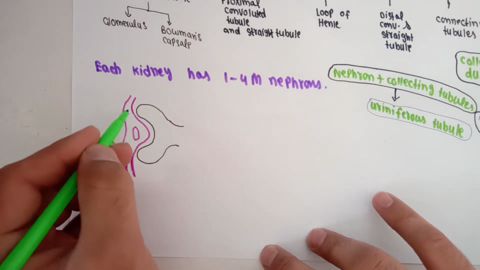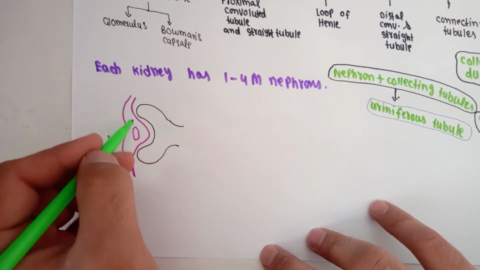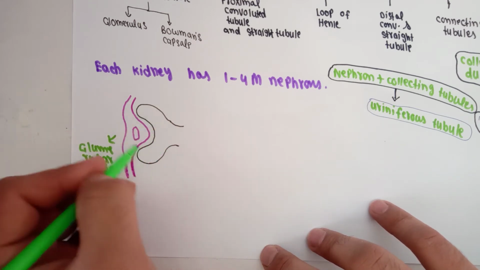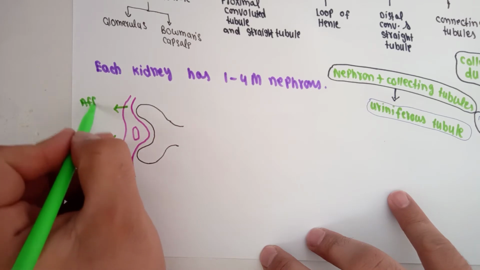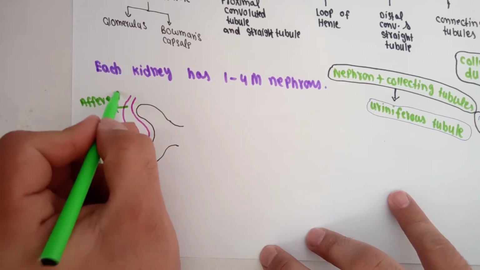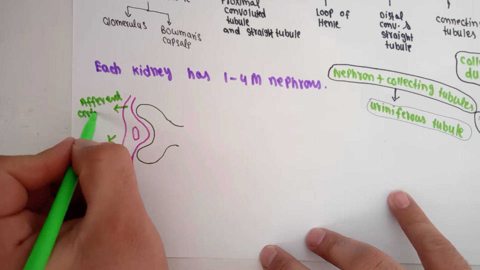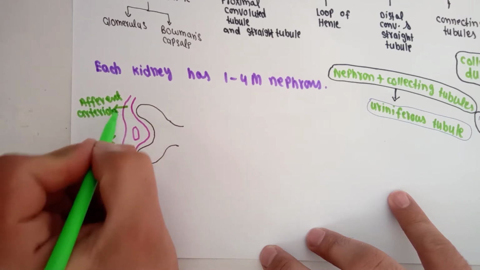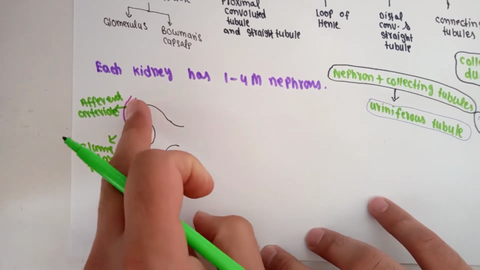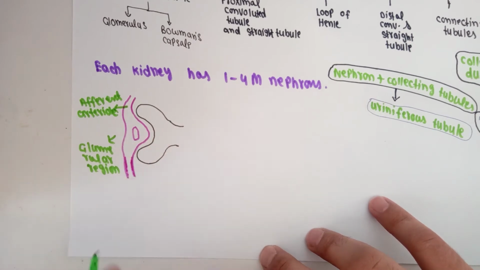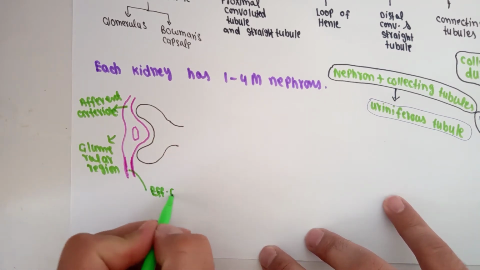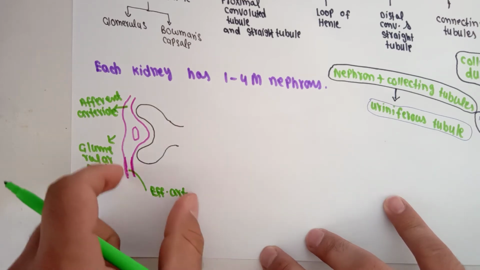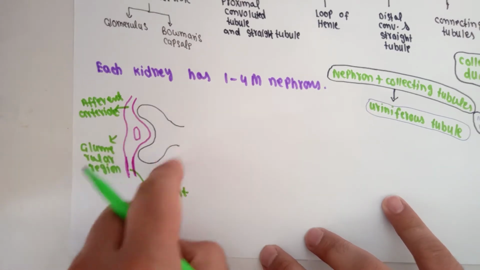These are the arteries that bring blood to the renal corpuscle, and these arteries are known as afferent arteries. These are actually arterioles because their diameter is very small. These are the afferent arterioles, and these are efferent arterioles because they take blood away from the renal corpuscle.